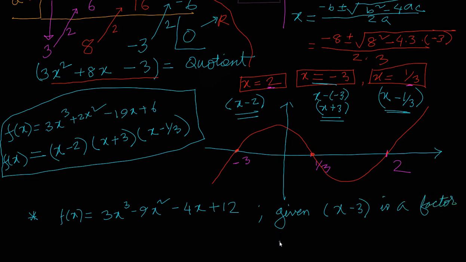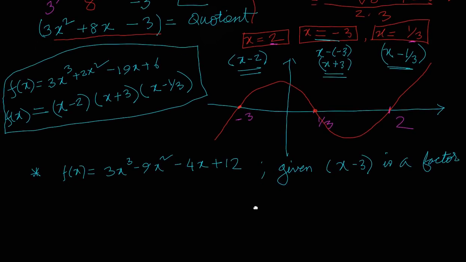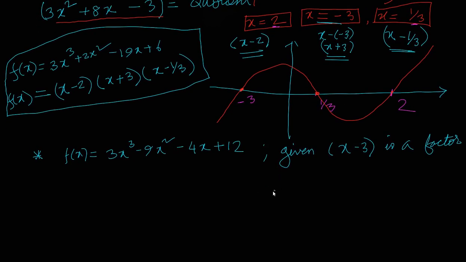So what you do is find all zeros, or x intercepts. Okay, so this is the problem statement.